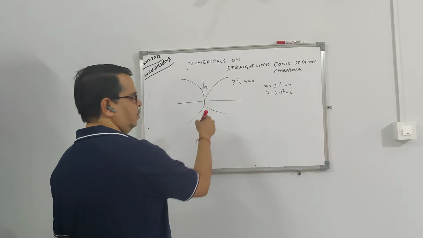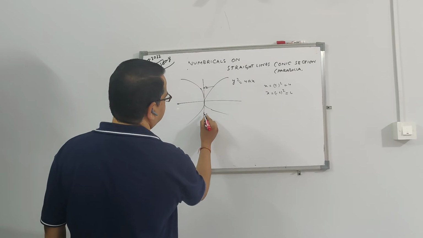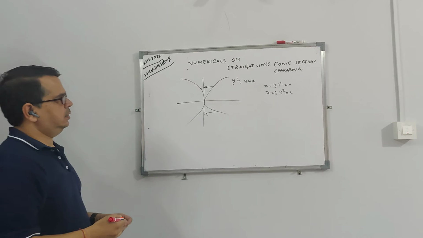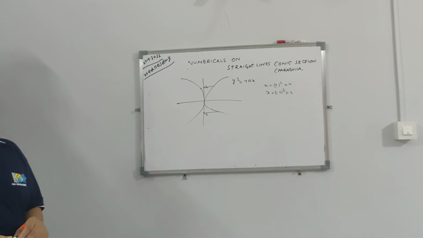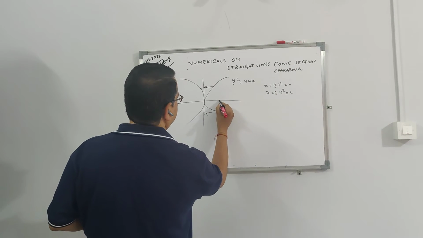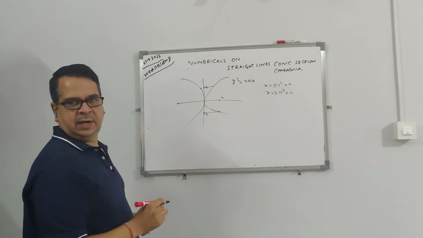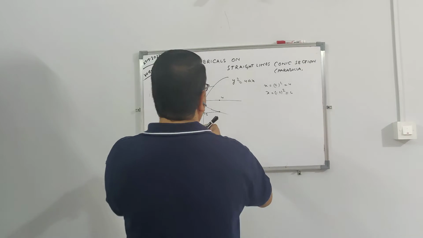That means whether y is positive or negative, x is always positive. So x is 4 you are getting. So this is the equation for this type of parabola.